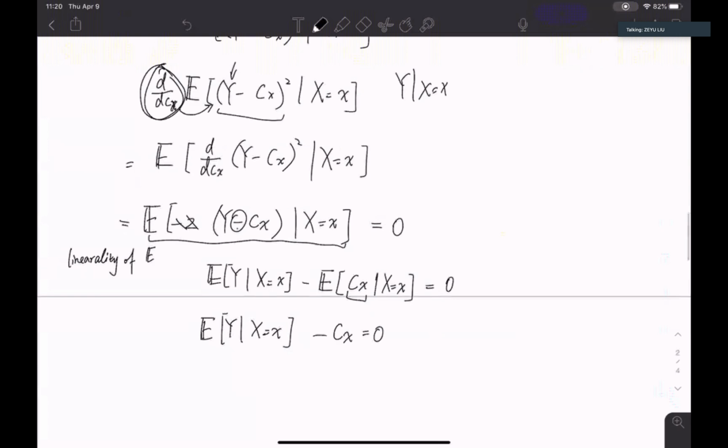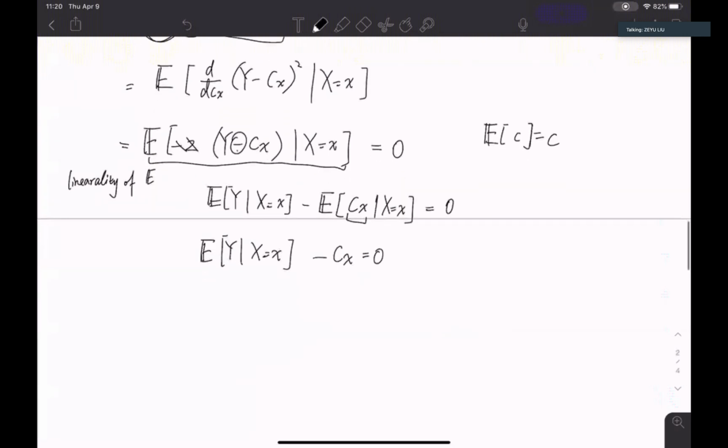There's no expectation, or you can say the expectation of some constant is the constant itself. So c of x will be the expectation of y given x. And that concludes this section.